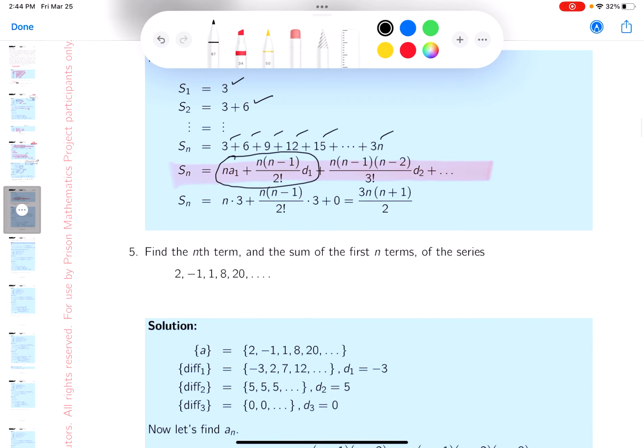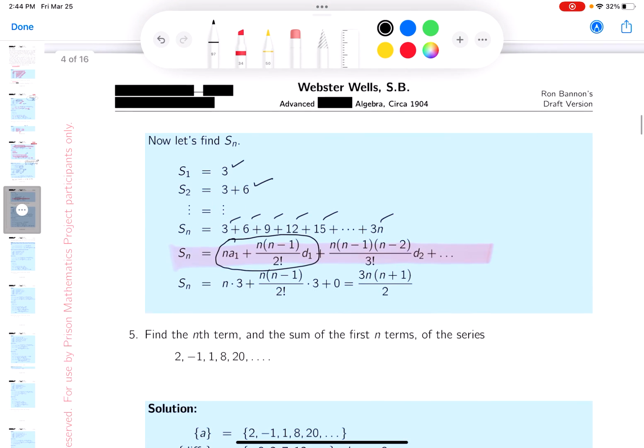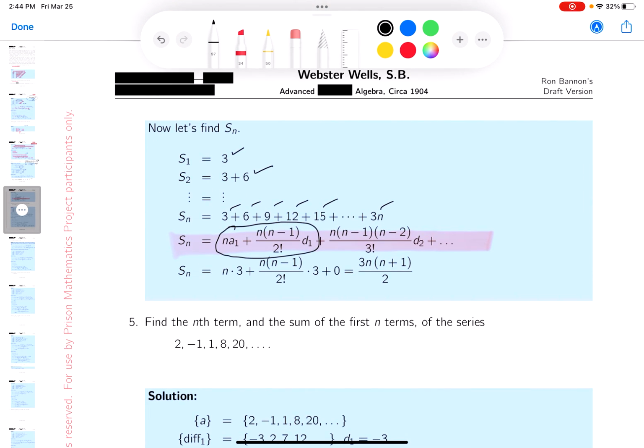So what do you write down over there? n times A1. What's A1? That was 3. Plus n times n minus 1 over 2 factorial times D1, which is 3, and everything that follows after that is 0. So you're left with 3n plus n times n minus 1 over 2 times 3.